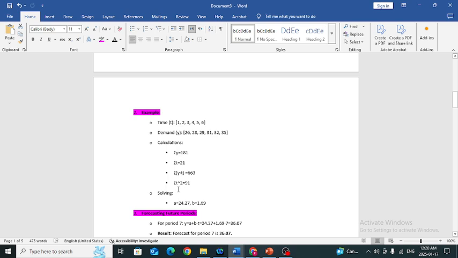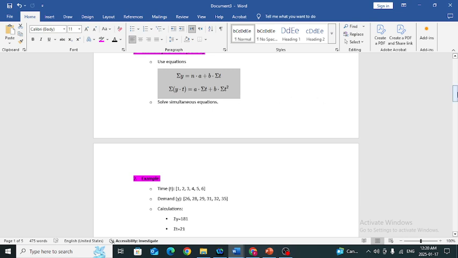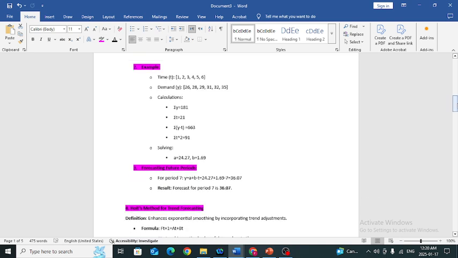And for sigma t squared, each of these values should be squared and then added together, and in total it is 91. Solving this, we put this data into the formula that I gave you, and we can arrive at a and b from these equations.